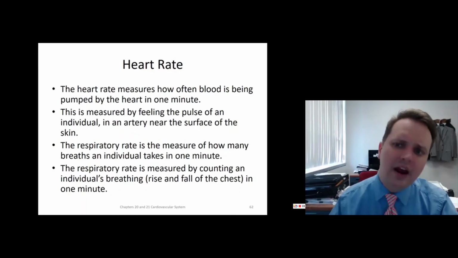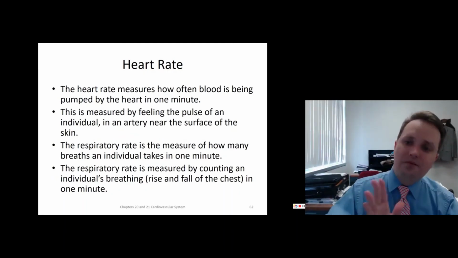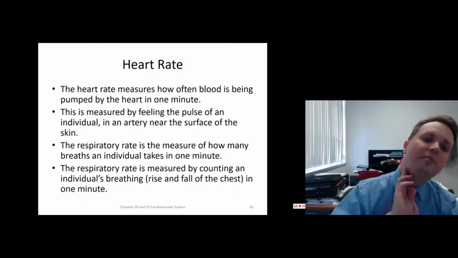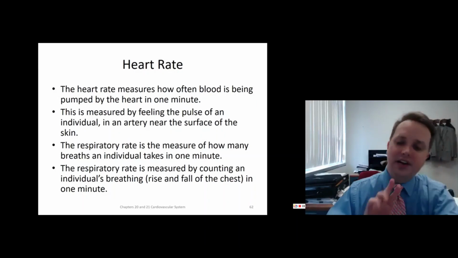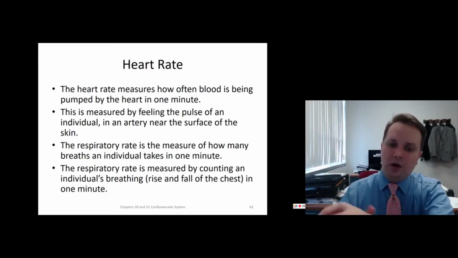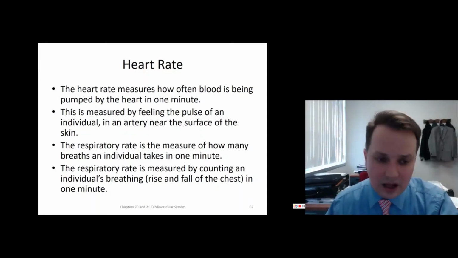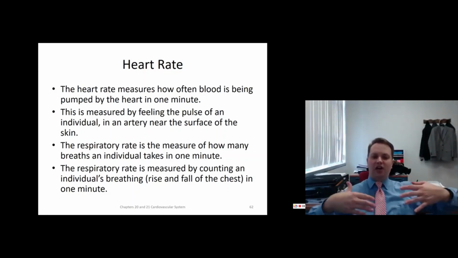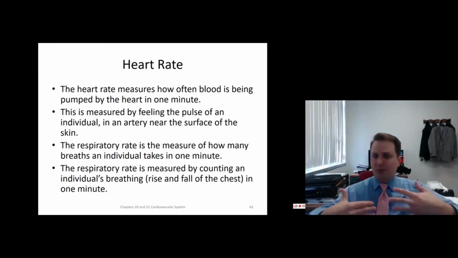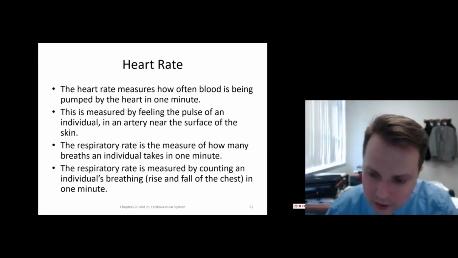Now, heart rate is measured: how much blood is being pumped in a minute? You can measure it at the skin, especially carotid or radial pulse. And respiratory rate is just measuring the rise and fall of the chest in 1 minute. How many times we're breathing is something else we also look at.